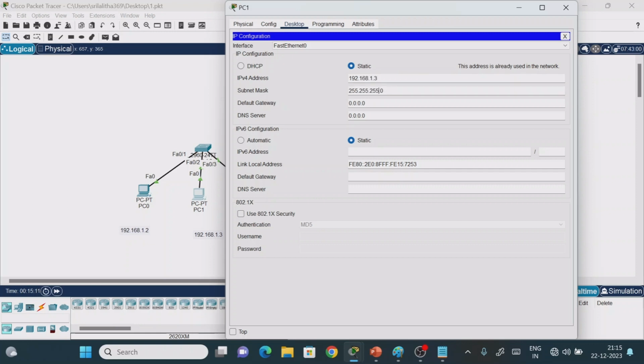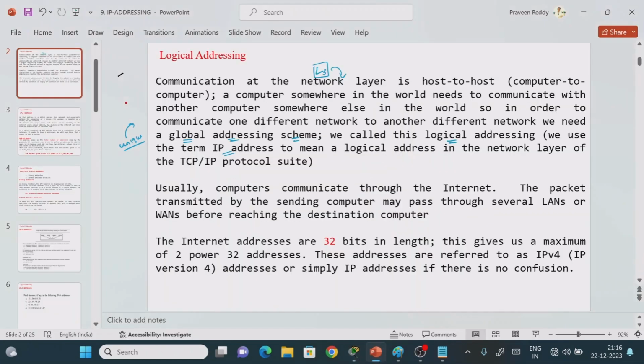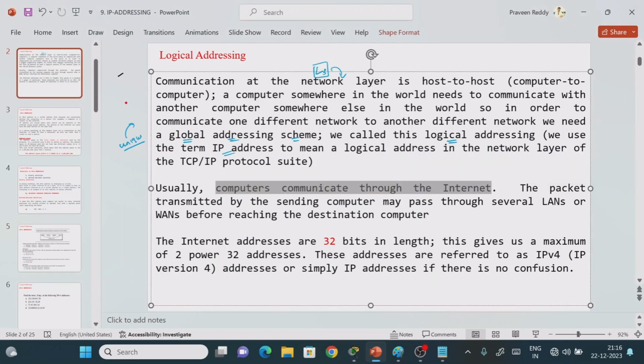Now if I give some other IP address, we are able to communicate from one machine to another machine, right? Usually a computer communicates through the internet. The packet transmitted by the sending computer may pass through several local area networks or wide area networks before reaching the destination computer.